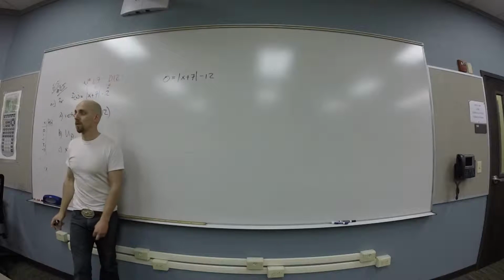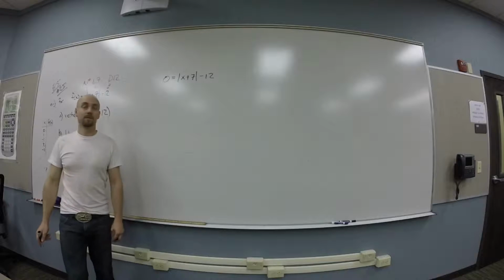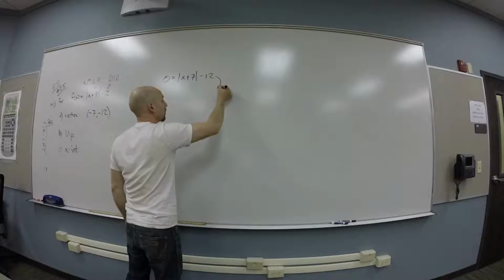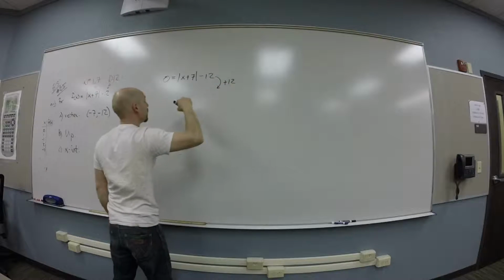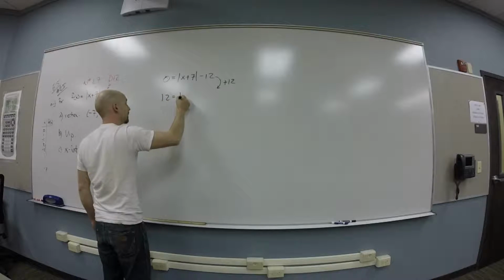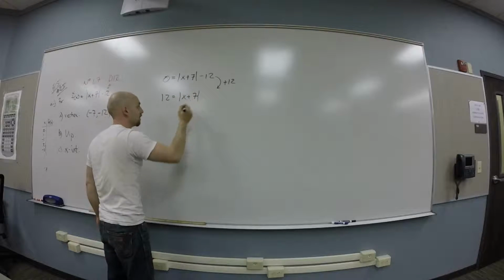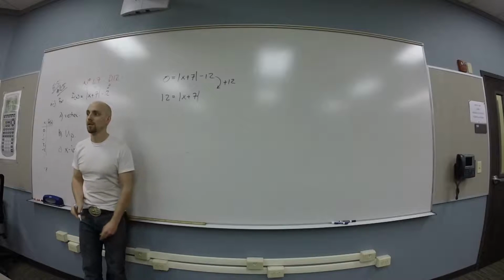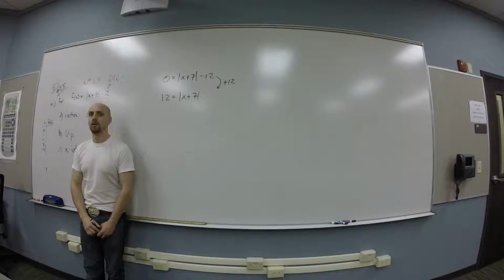Then what? 12 on the other side. Okay, we're going to solve for x, so we're going to add 12 to each side. So 12 is the absolute value of x plus 7. Then what? You're going to just solve for x.